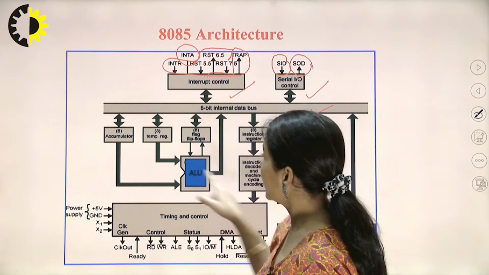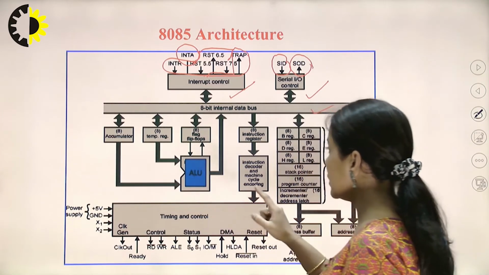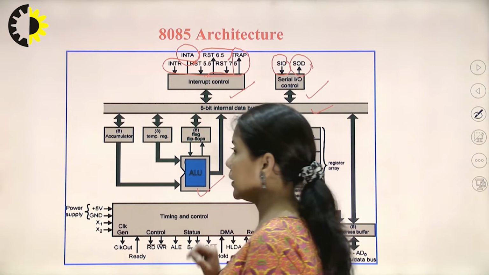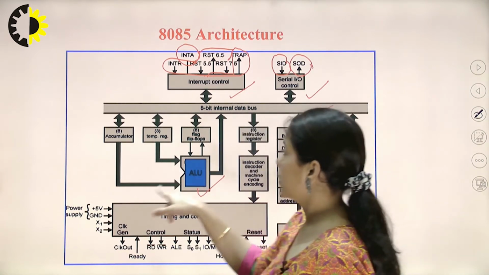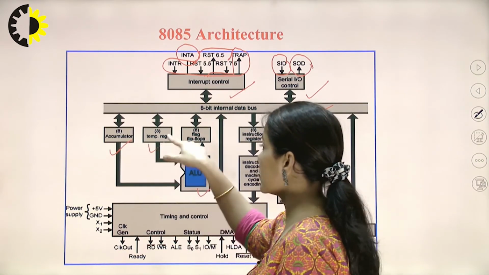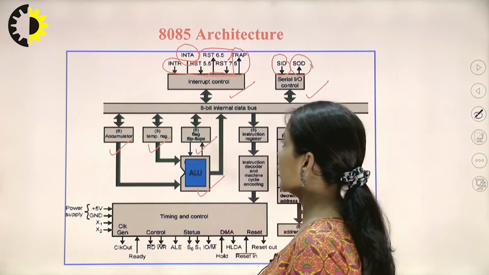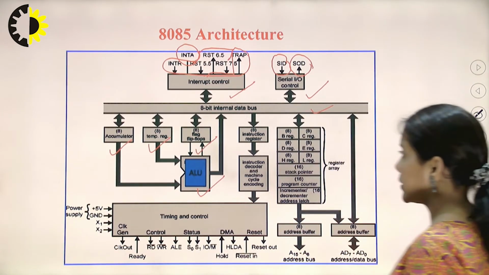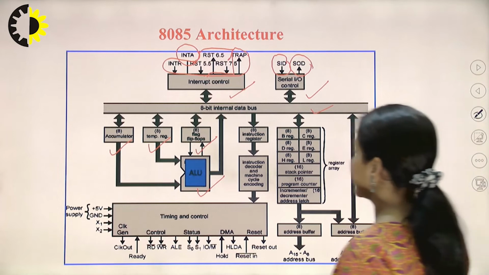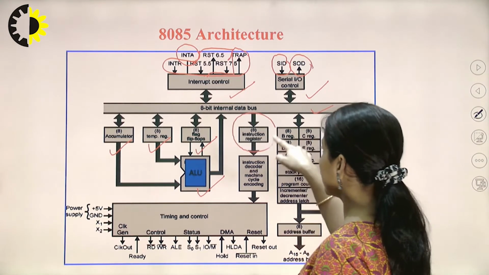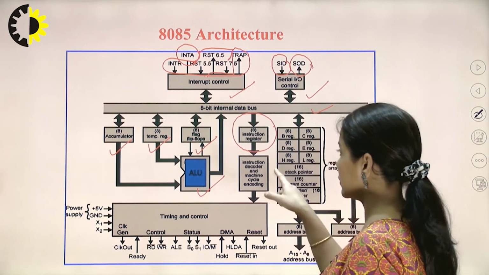In this module, we can see the ALU, the arithmetic and logical unit. With this, there is the accumulator, there is a temporary register, and there are flag flip-flops, that is the flag register. Here the instruction register is there, which is used to hold the instruction.